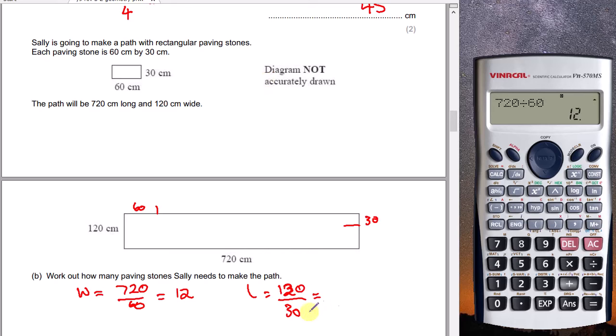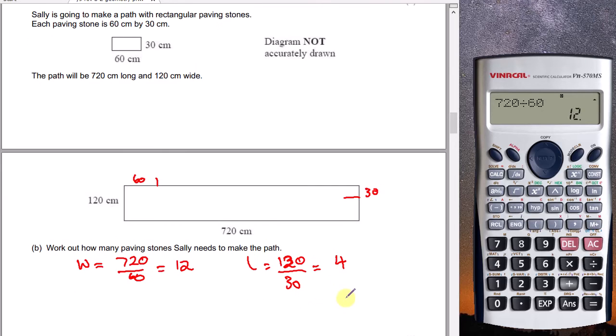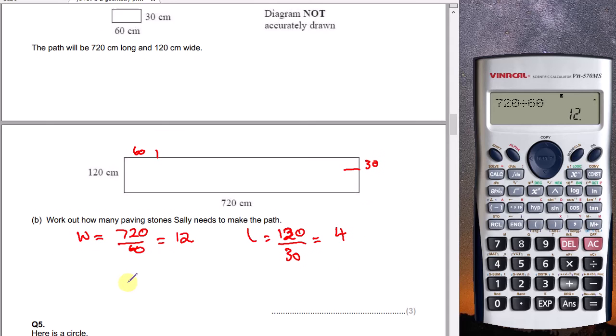So one block on the bottom is going to be 120 divided by 3, which is 4. So we've got 12 by 4 blocks. Because there's nothing left over, no chopping needed, we don't need to worry about any bits left over. It is just straight 4 by 12, and that's 48 blocks.